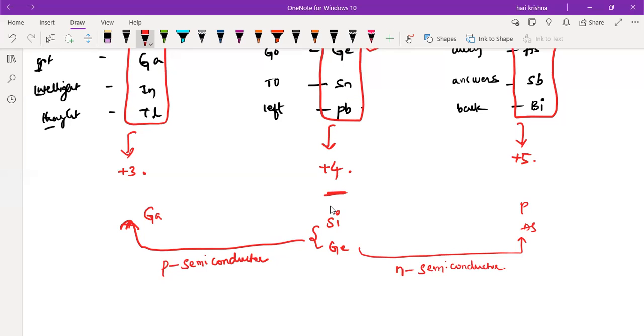Okay, now tell me which one is electron rich impurities and which one is electron deficient impurities here.